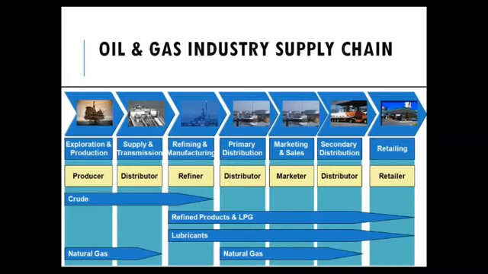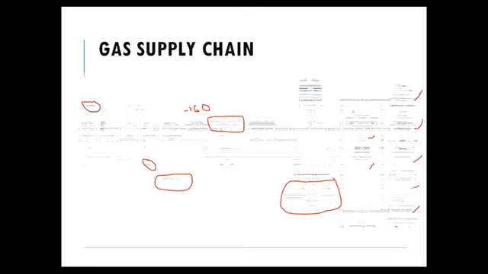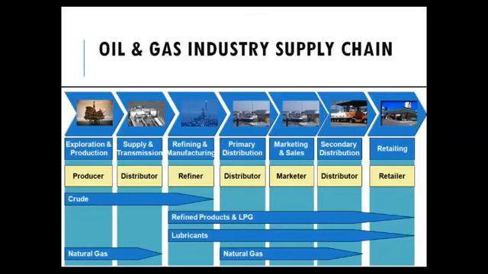So the oil and gas industry supply chain has exploration, production, supply, transmission, refinery and manufacturing, primary distribution, marketing and sales, secondary distribution, retailing. We have just discussed all these in the supply chain, right? If you consider crude, it flows from production to the refinery part.